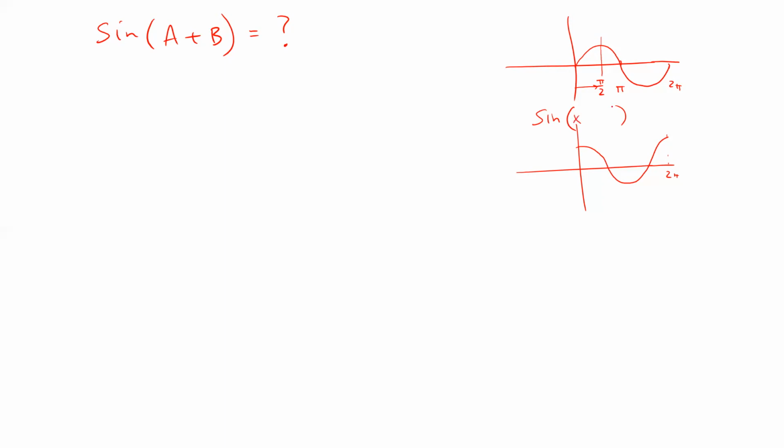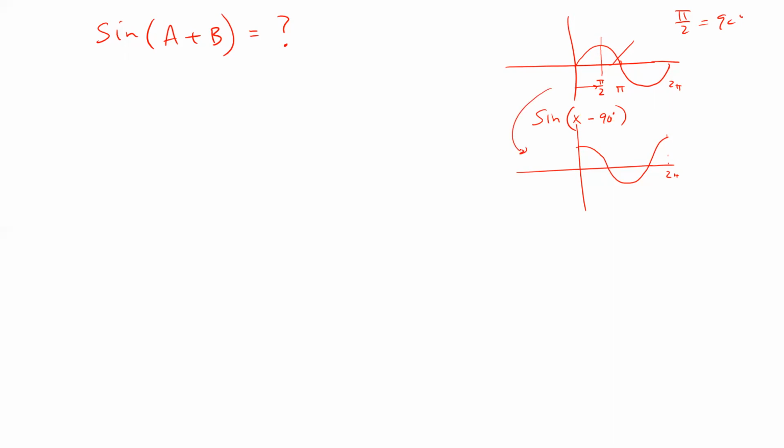Is everybody okay using it as 90 degrees as well? 90 degrees comes from pi over 2 being the same thing as 90 degrees. Let's just mess with it for a little bit. If I move sine over by 90 degrees, I essentially get cosine.